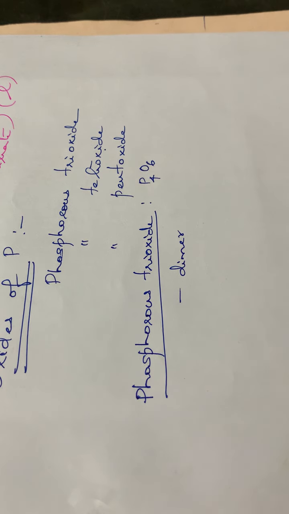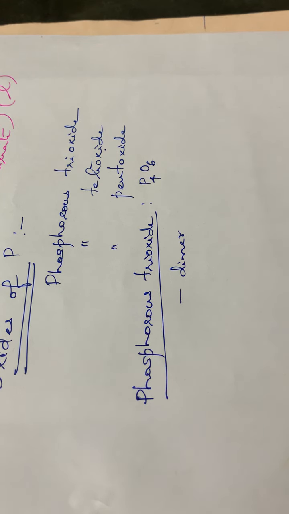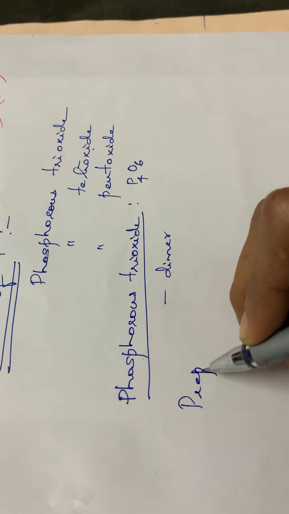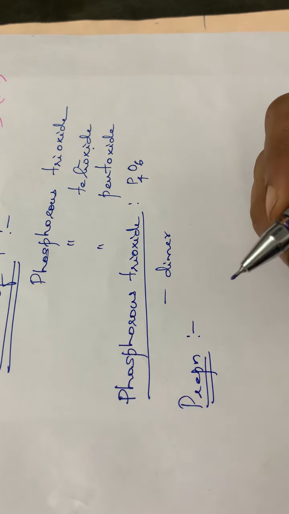Then you have to go through some methods of preparation and some reactions of this compound, along with the physical properties. First is the method of preparation of phosphorus trioxide.